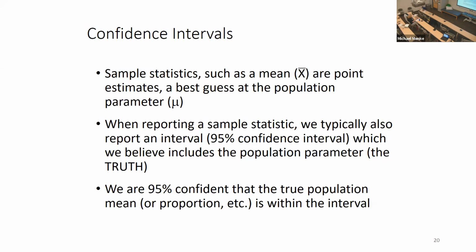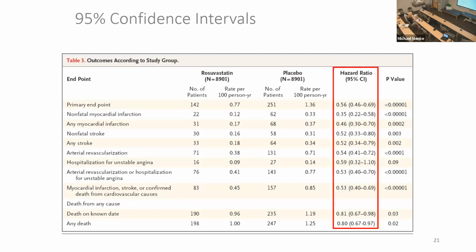And we use them for everything: means, proportions, effect sizes of all sorts. And they look like this. So here they calculated a hazard ratio, it's comparing two relative risks, and they give you the hazard ratio as well as the 95% confidence interval.